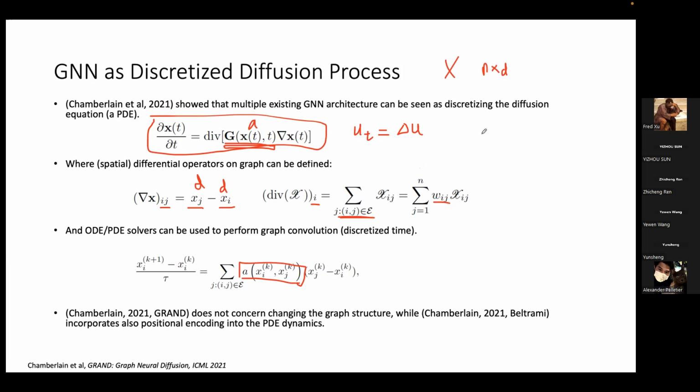So in physics, divergence means if you have an infinitesimal volume, for example, and you have an electric field, then divergence means how many electrons there are in this volume, something like that. This concept is called flux. It's a little bit difficult to talk about. It's basically like in the graph case, you just think about it as aggregating messages from the neighbors to the central node.